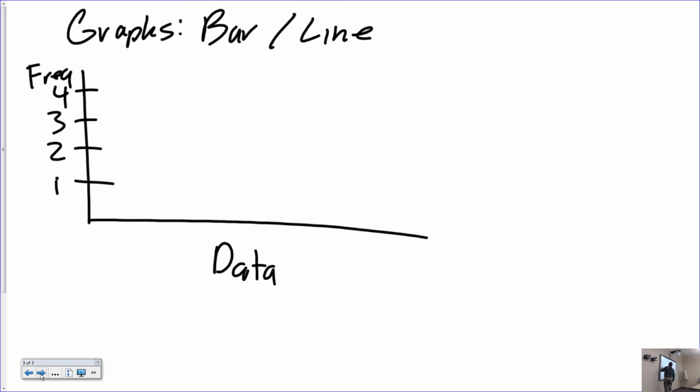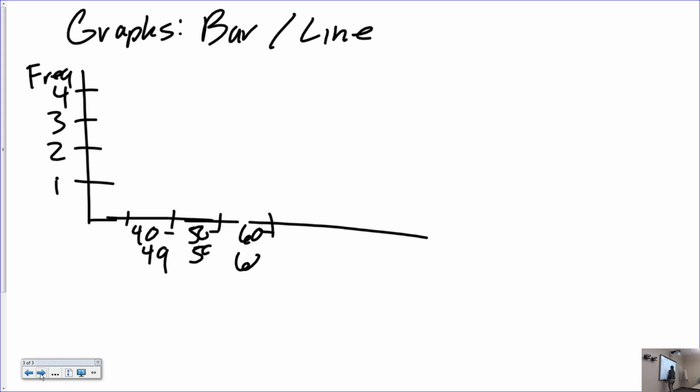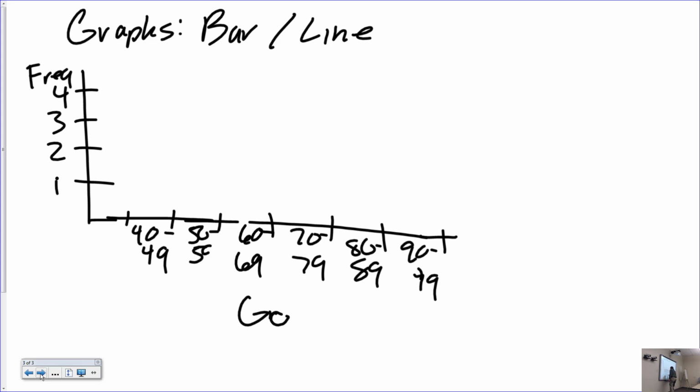So in theory, when you graph this, you should really have your 40 to 49s first, and then your 50 to 59s, etc., right? 40 to 49, 50 to 59, 60 to 69, 70 to 79, 80 to 89, 90 to 99. Grades, right? Data.